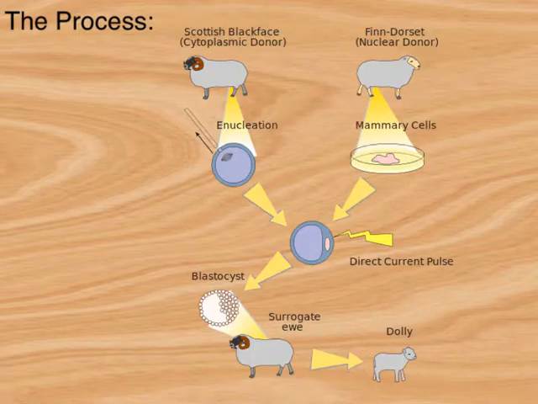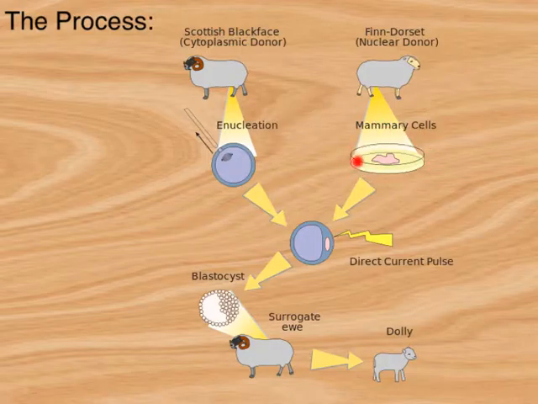Now, unfortunately, Dolly only lived for about 6 years. And there's some speculation, although it's never been completely proven, that because these cells had already undergone several cell divisions, Dolly would never live nearly as long as a stem cell would. Because remember, there's only a certain number of cell divisions a cell can go through.